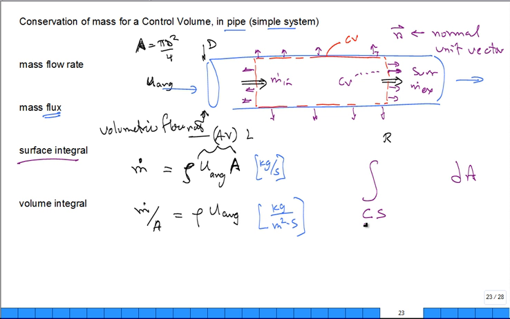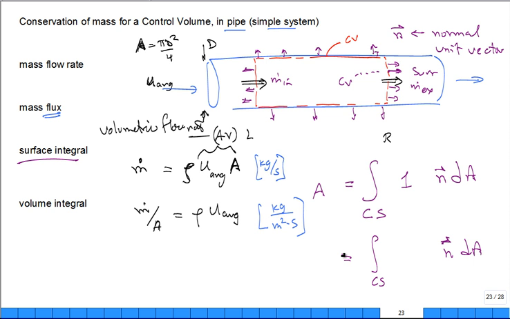Around the whole control surface, the enclosing surface. n dot dA is the outward directed unit normal vector, times dA, the magnitude of the area. When I sum it up, I get the whole area. If I just stopped right here, if I put 1 right there, that would be the total area in meters squared of my surface, the size of the surface. True? But you want to do a little more sophisticated, n dot dA. I don't put 1 in there. I want to calculate the net mass flow outward.